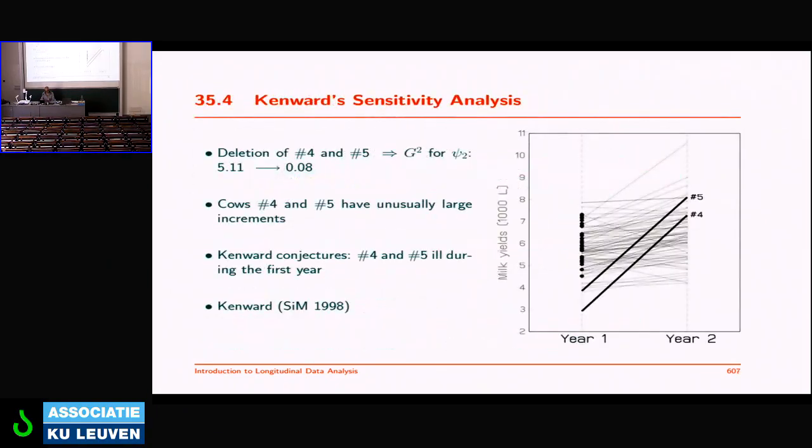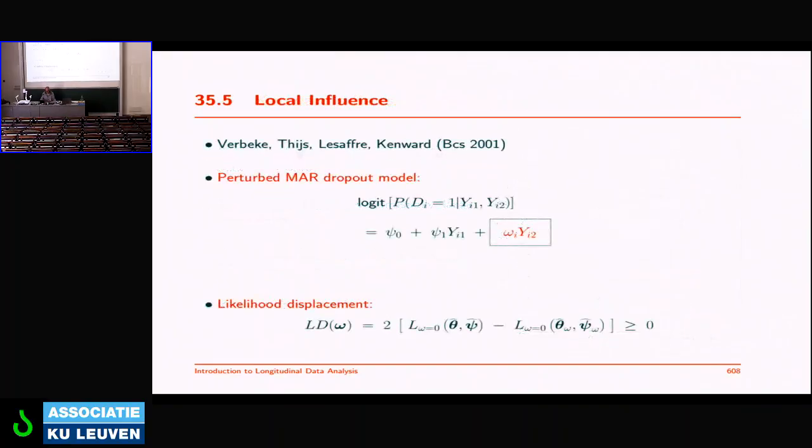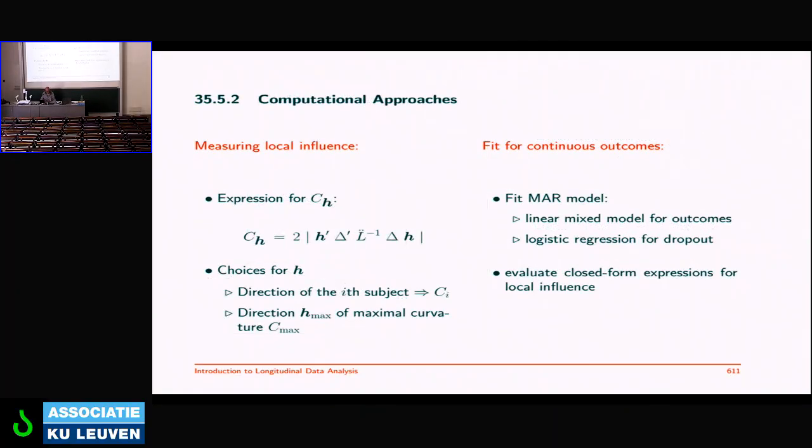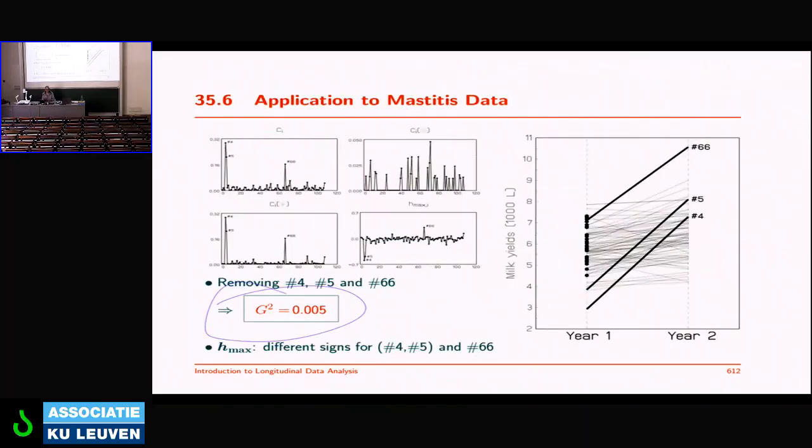Kenward did his informal sensitivity analysis, and he found a likelihood ratio already after removing 4 and 5 of 0.08. So 5.11 comes down to 0.08. Whereas, if we now also remove 66, it's already small and it goes down further. Nothing remains of the likelihood ratio test. Nothing remains of the so-called evidence of missing not at random.